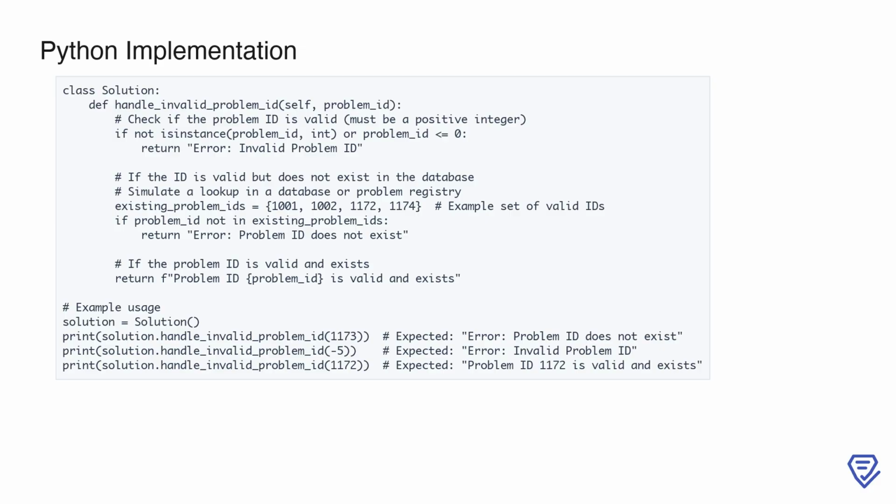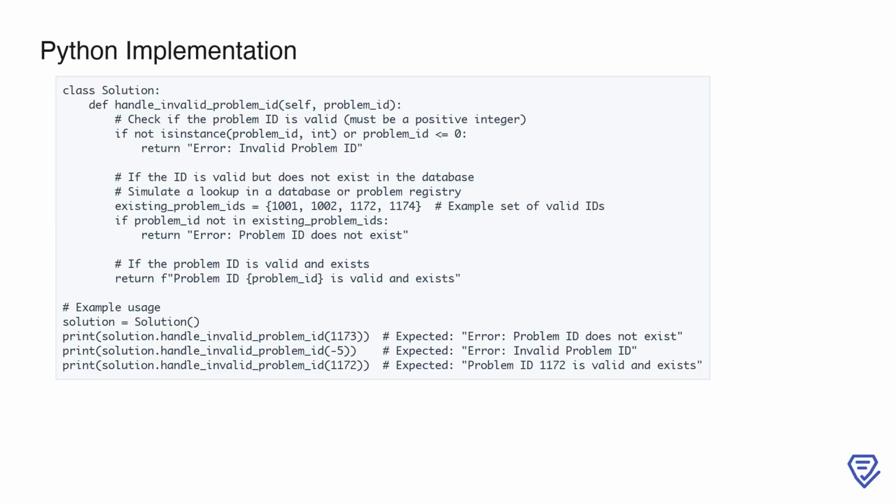Example usage. Handle_invalid_problem_ID 1173 checks an ID that does not exist in the set and returns error, problem ID does not exist. Handle_invalid_problem_ID -5 validates a negative input and returns error, invalid problem ID.